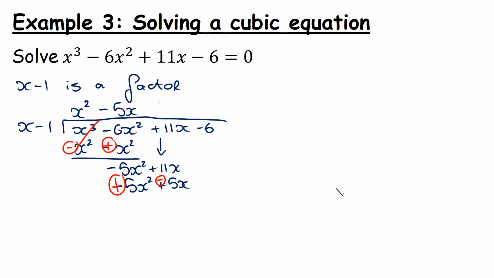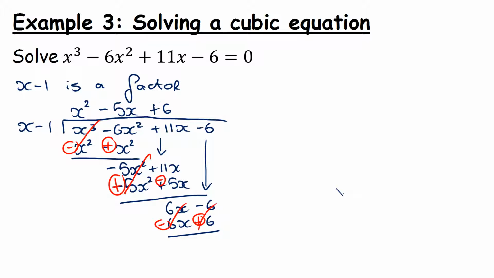Plus and a minus, so those cancel, and we're left with 6x minus 6, and that goes in 6 times, 6x minus 6. So we're going to just subtract and they cancel, so we have a 0 remainder, which is what we're expecting. So x minus 1 is most definitely a factor.